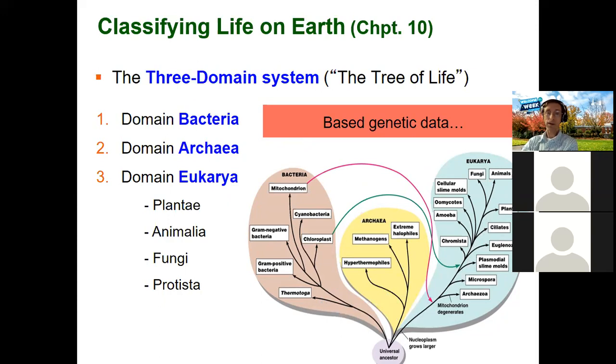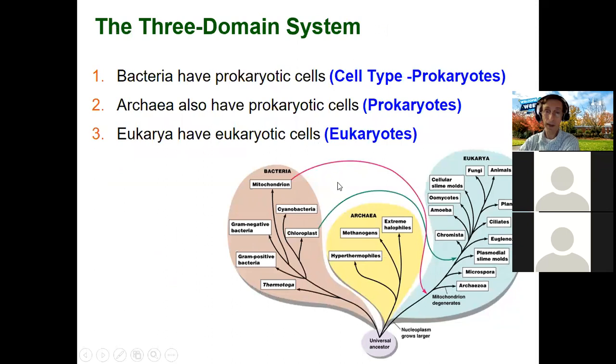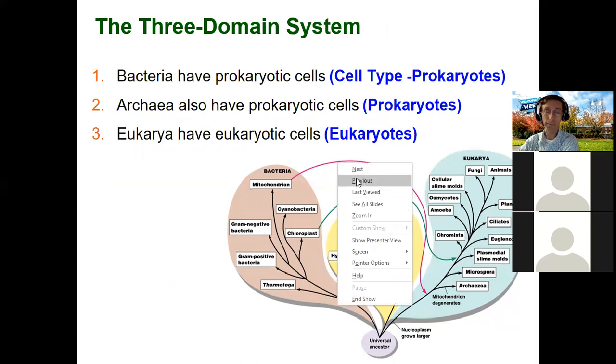The classification of an organism into the domain depends upon the genetic makeup of that organism. So if we find a new organism and we don't know where to classify it, you just sequence its DNA, and then that will tell you where it belongs, because all of the bacteria are more similar to each other in the sequence of their DNA than another organism that does not belong in that domain.